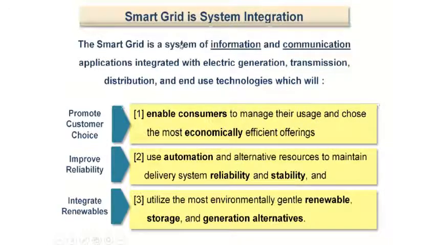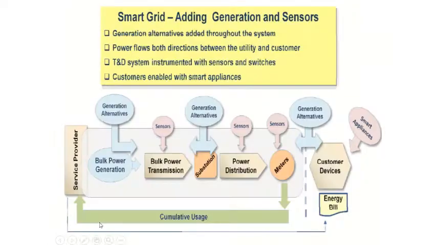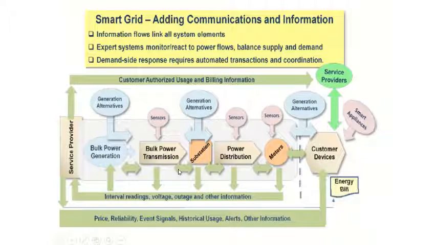So you can see here the smart grid integration will have three important features. That is, it will promote customers' choice, it can improve the reliability, and it can also integrate the renewable energy sources. So in order to improve the smart grid or add features, there are n number of sensors available throughout the grid or throughout the power system, which will help the system to maintain its stability and to give the information to each part of the system.